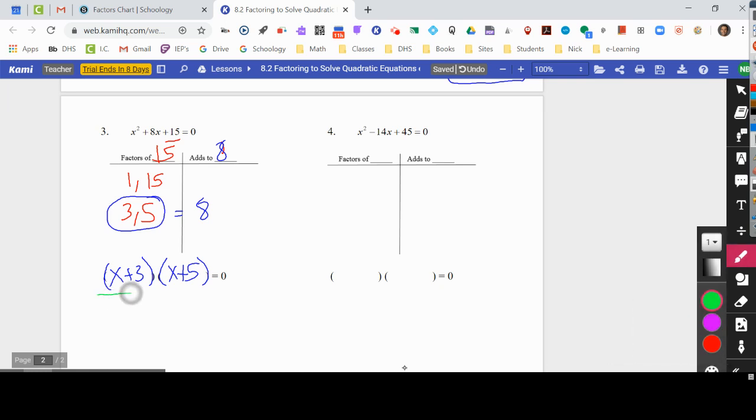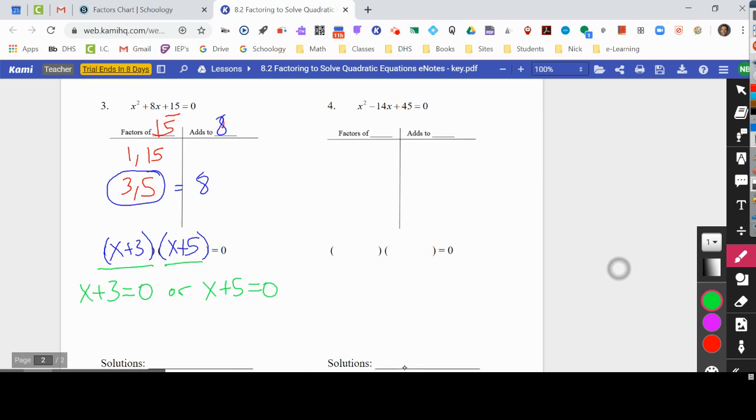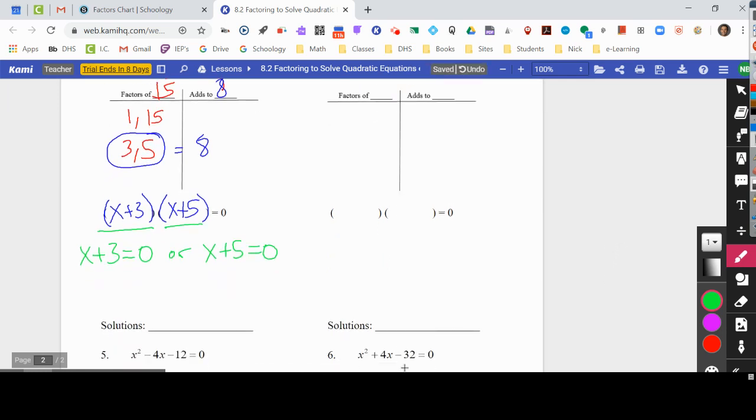So I'm going to use that zero product property, and I'm going to say that x plus 3 is equal to 0, or x plus 5 is equal to 0. With the zero product property, that means either this product or this product is equal to 0. So then I just set both of them equal to 0 and solve. So I subtract 3, and we get x is equal to negative 3.